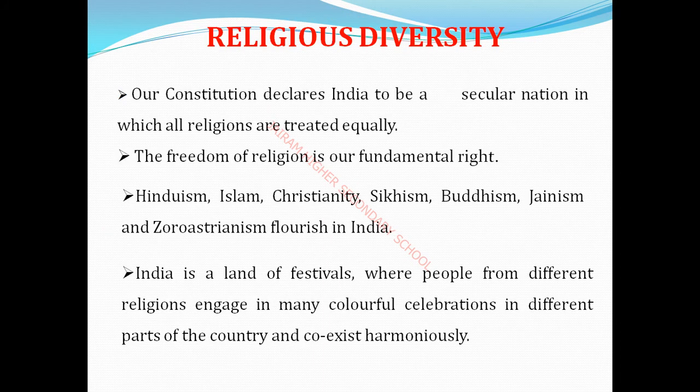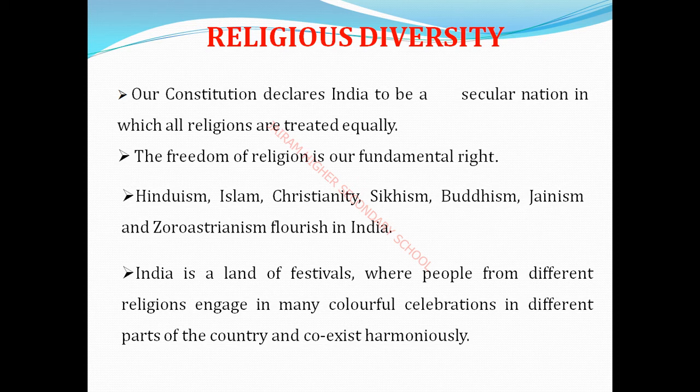Next, children, we are going to see religious diversity, how we can find a wide variety of religions in our nation. Our constitution declares India to be a secular nation in which all religions are treated equally. Of course, India treats all religions with equal importance.